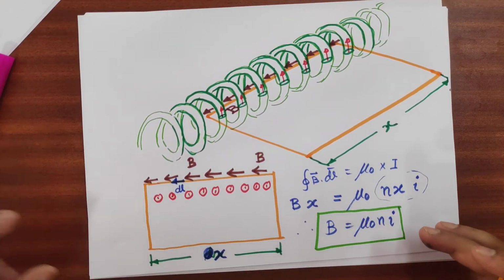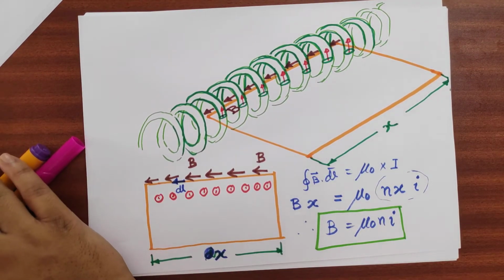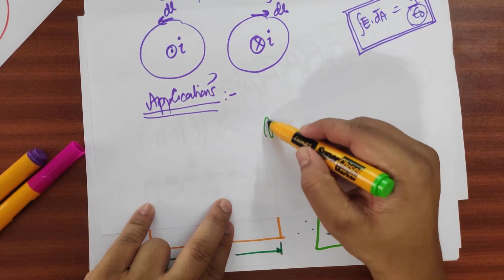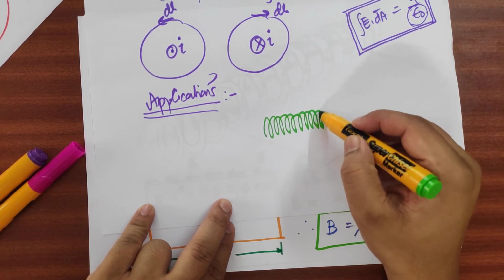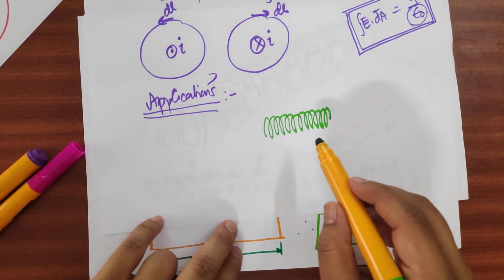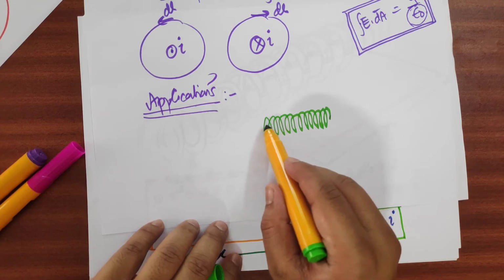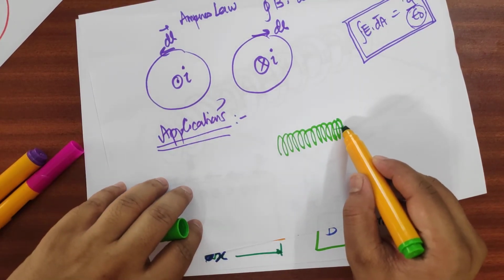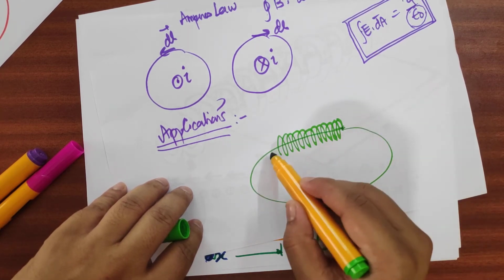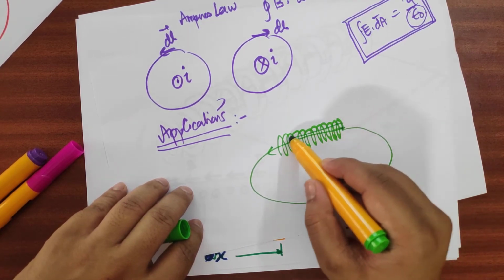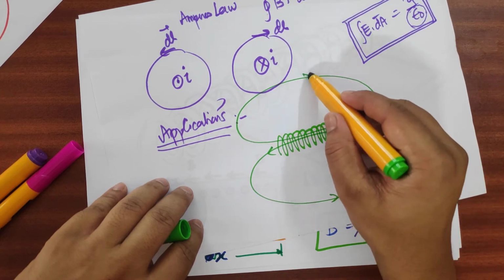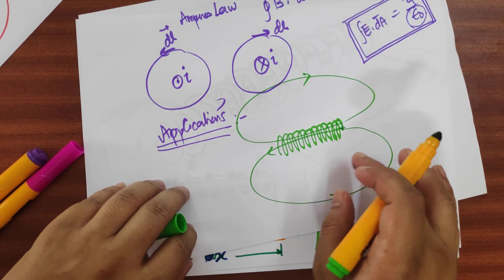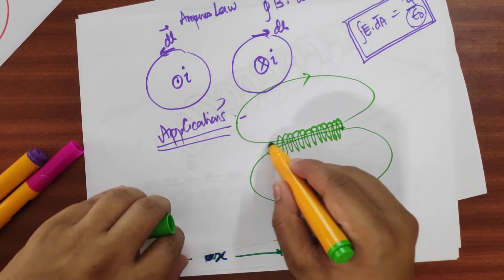What happens actually after some time, it will loop around, right? A solenoid is no different than a magnetic needle or a bar magnet. So if we have field inside the solenoid, the field will loop back like this. It will form closed loops.